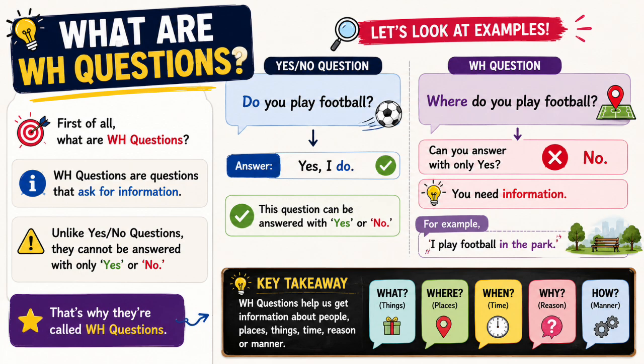Yes, I do. Now look at this. Where do you play football? Can you answer with only yes? No. You need information. For example, I play football in the park. That's why they're called WH questions.